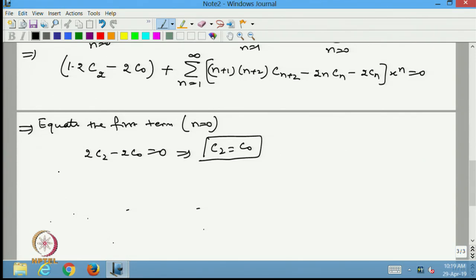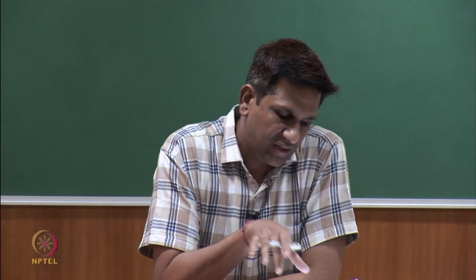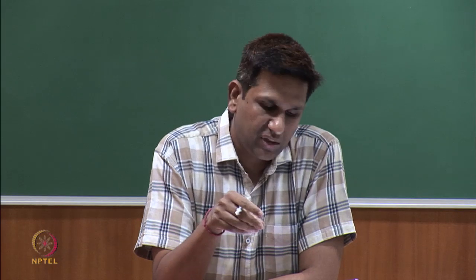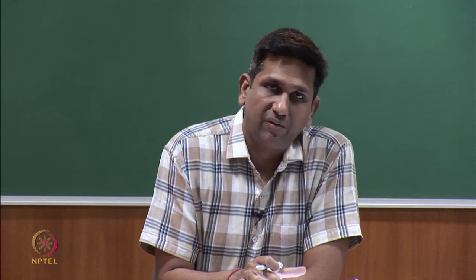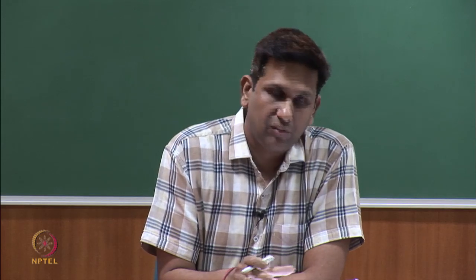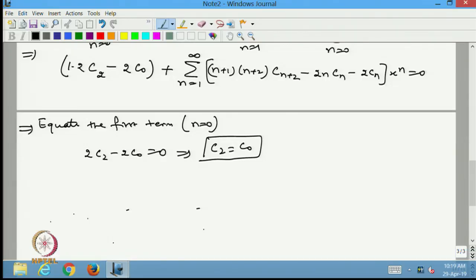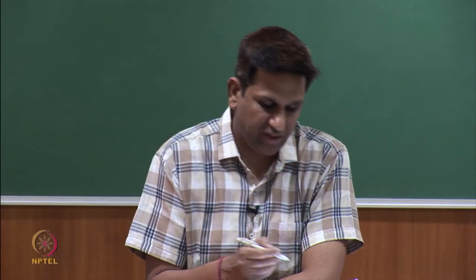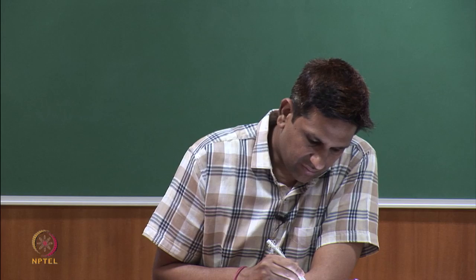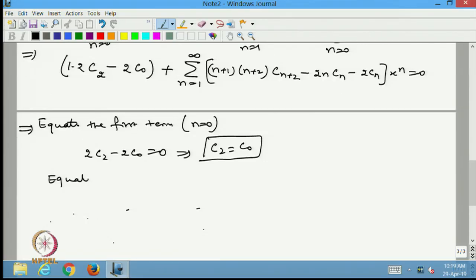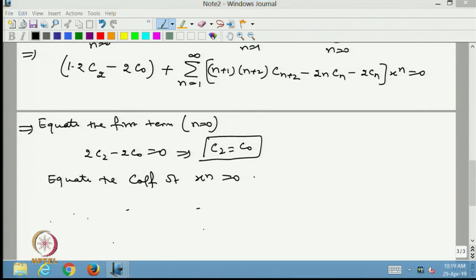Now, instead of equating each term, what I can do is equate the coefficient of x raised to power n equal to 0, because here we are able to collect all the terms corresponding to the coefficient of x raised to power n. So, I will equate the coefficient of x raised to power n equal to 0 on both sides.